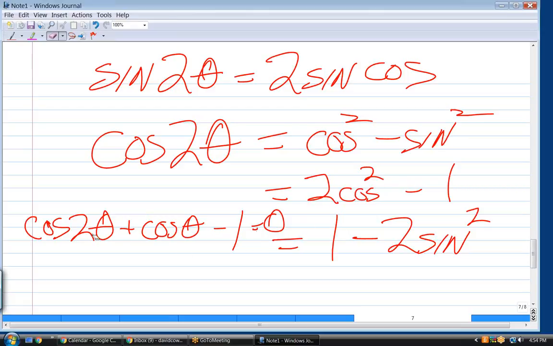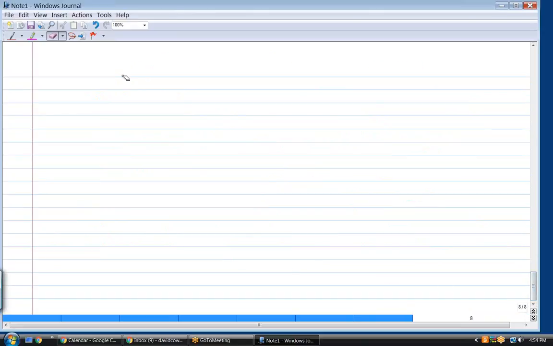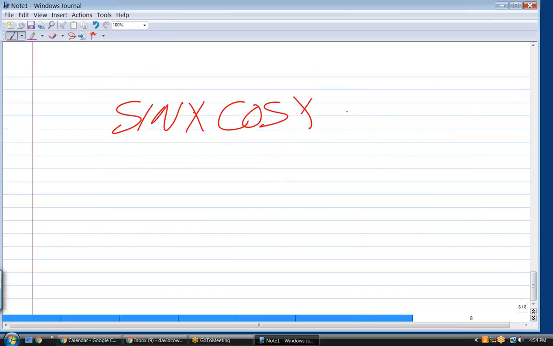In other words, the secret to solving trig equations, one of the secrets, is to get everything the same. If I tell you that sine x times cosine x equals 1, let's say, that's hard to solve because I got two different trig functions.